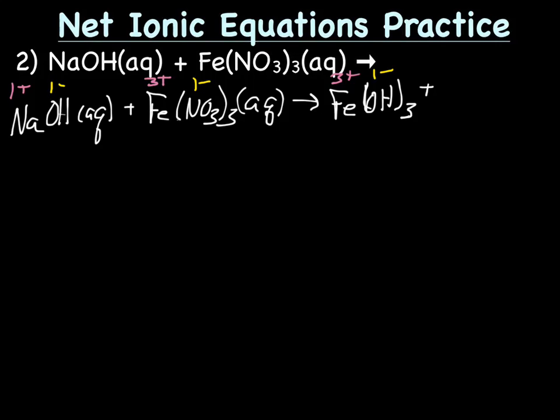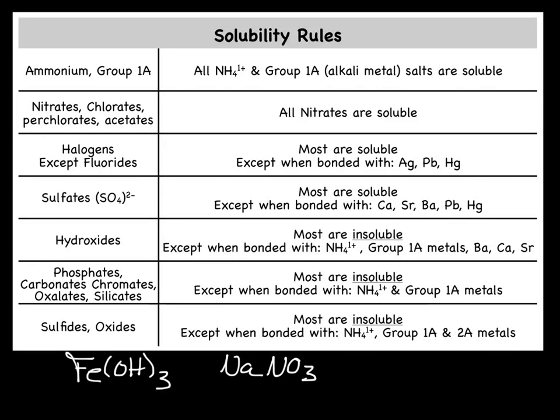Plus, we have Na with a 1 plus charge and NO3 with a 1 minus charge. Okay, so now we need to figure out which are aqueous, and which are products, meaning solid, liquid, or gas. So we'll check the solubility rules. We have FeOH3.